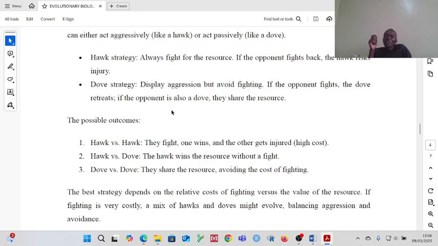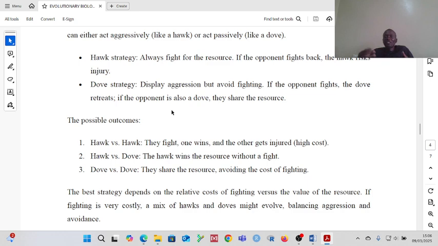So if fighting is extremely costly, then we end up now with a mix of some who want to fight and some who don't want to fight. Okay? So we have eventually a balancing of the aggression and the avoidance. Because the fighting is very costly.